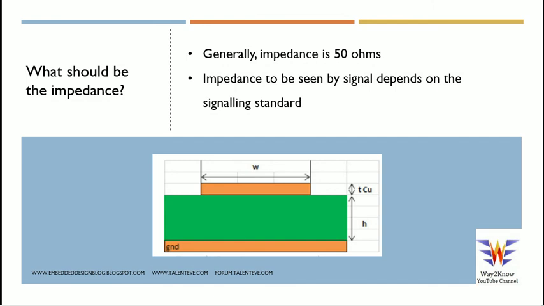There are differential signals, there are RF signals, so there are different signals that need to be routed on the PCB. Depending on the signaling standard, even for differential signals, whether it be USB, SATA, anything, depending on the type of signaling that is used, impedance varies. So it is not just 50 ohms that we are talking about here, the differential impedance shall vary.